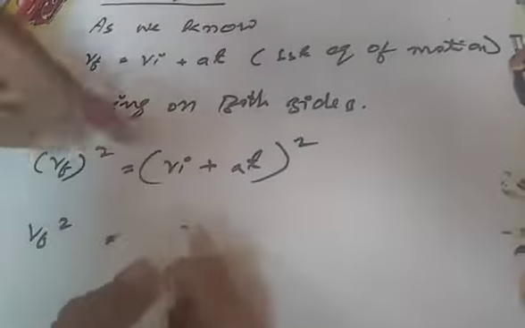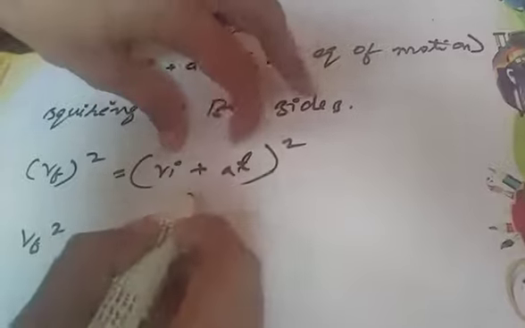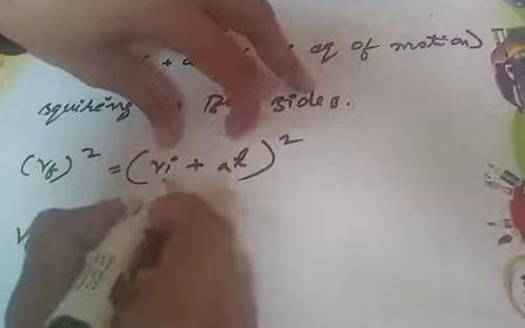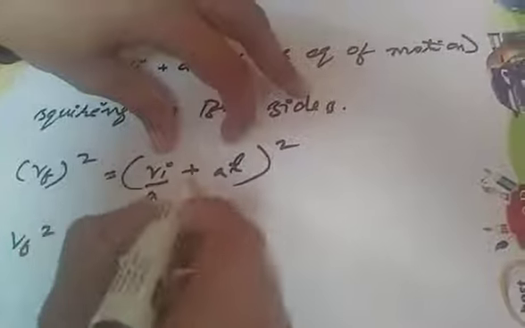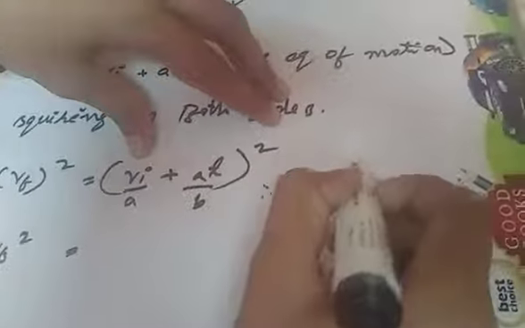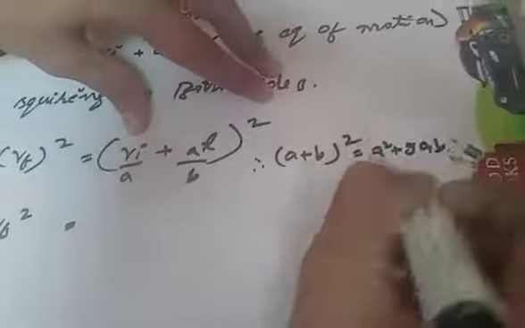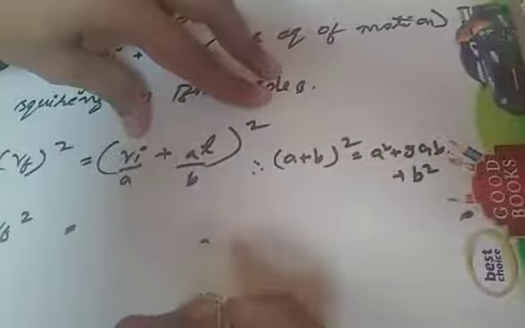vf² is equal to (vi plus at) whole square. So we will solve this according to the formula (a plus b) whole square. Here this is a and this is b. As we know, (a plus b) whole square is equal to a² plus 2ab plus b².